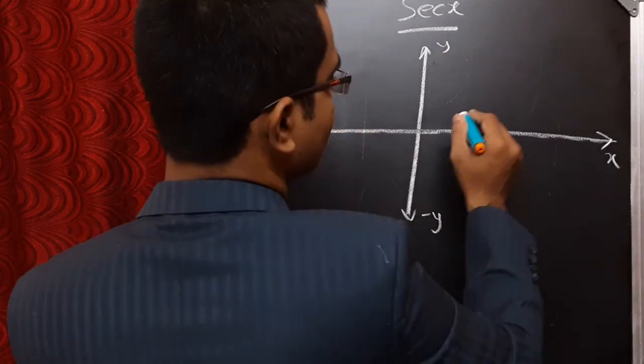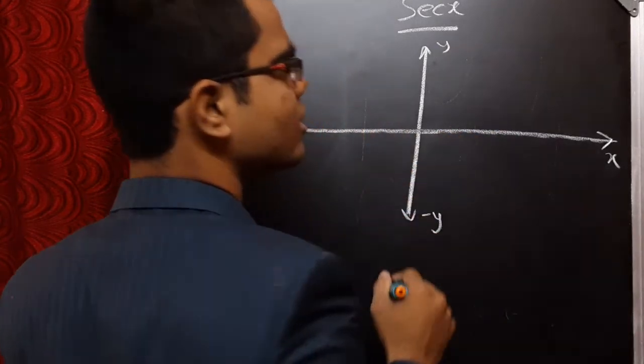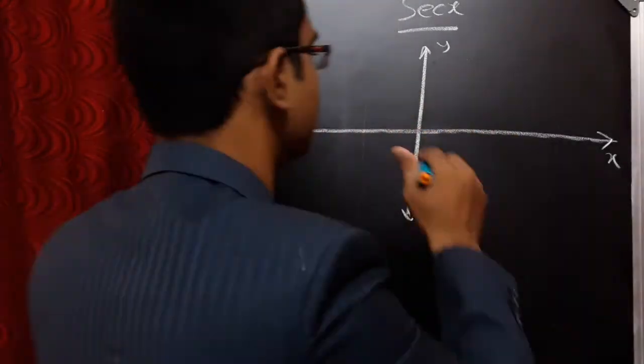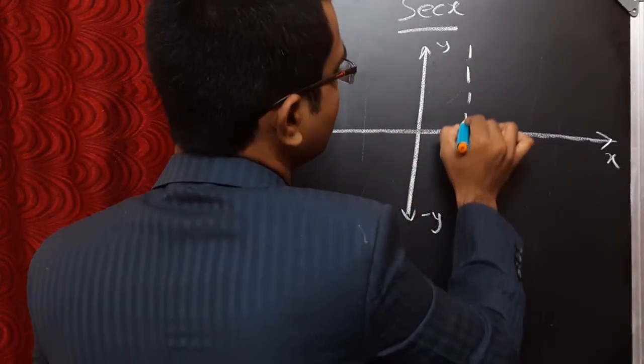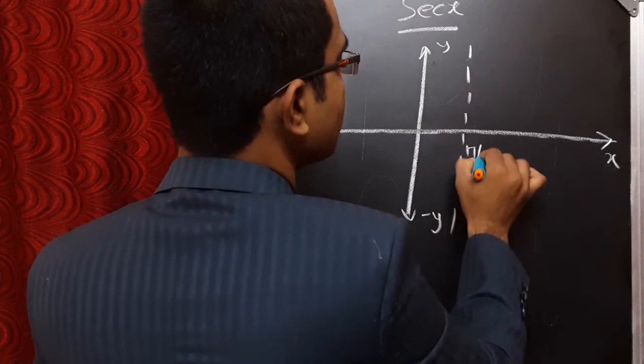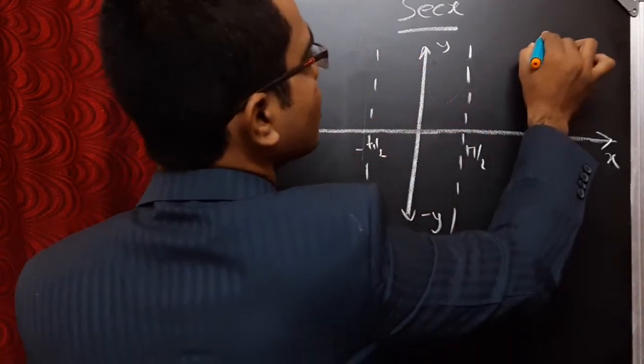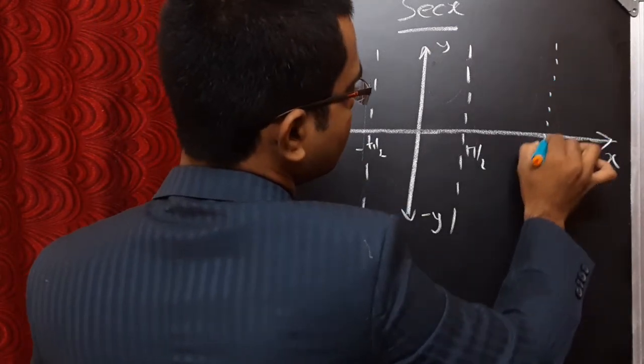So the secant x graph is going to be again the same. Cos is going to become 0 at 90 degrees, so secant is not going to exist. So do one thing, this is pi by 2 and this is minus pi by 2 and again plus pi.